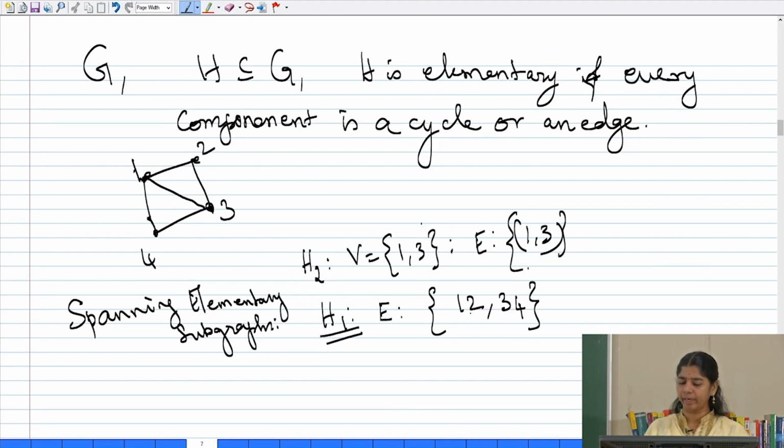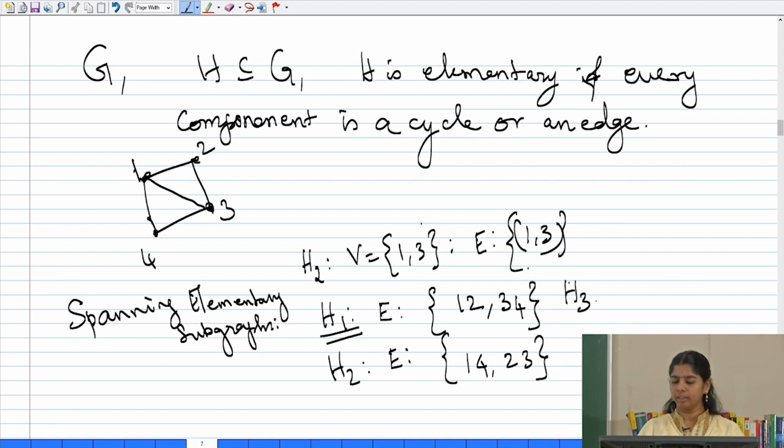When I write 1 2, I mean the edge 1 2, this is one component, and 3 4 is another component. Similarly, we can have 1 4 and 2 3, and there is another subgraph possible. What is that? 1 2 3 4, the whole cycle.